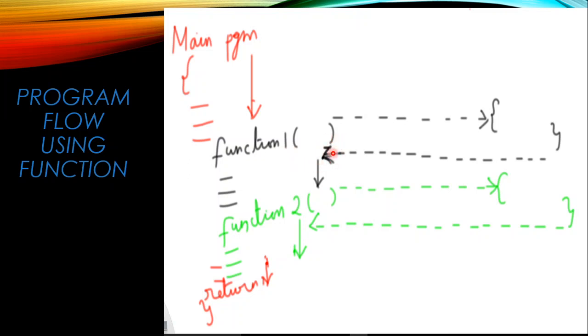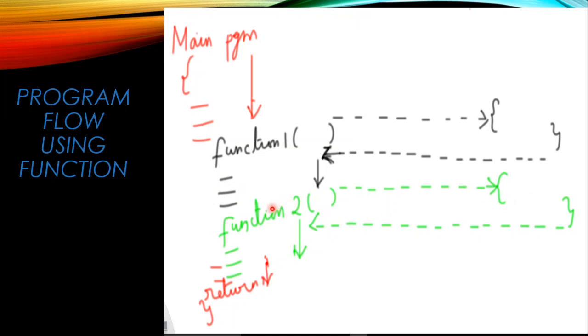This is called a housekeeping operation. Switching from the main function to the sub function, doing the work and coming back to the main function with the result is called function handling. For this the system has to do many housekeeping operations. Then the main program starts executing again, and when one more function call comes, the same thing is repeated.